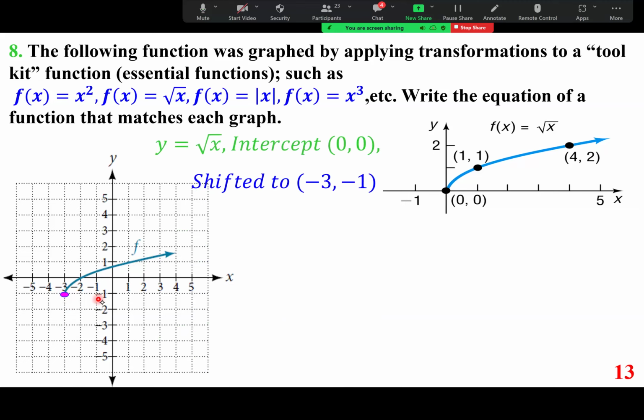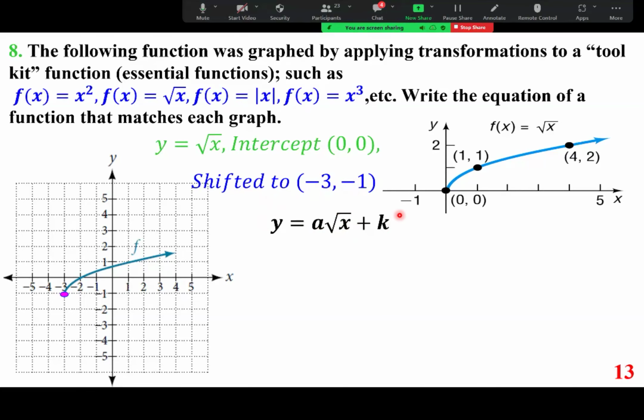So a times square root of x plus k, and that's a general format, if you will. -3, remember, shifts to the left, so you have to put x plus 3.